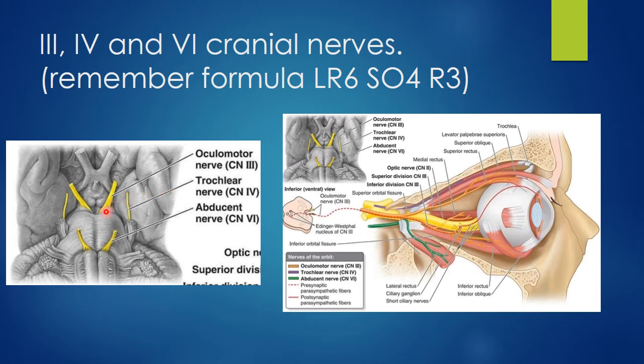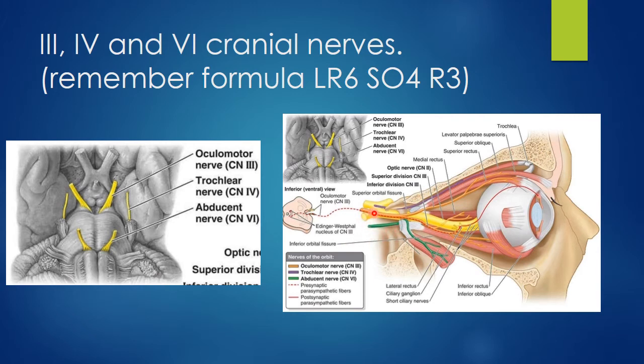This one is the oculomotor nerve emerging through the medial aspect of the crus cerebri. This one is the trochlear nerve, the only nerve which emerges through the posterior aspect of the brain stem, and this is the sixth abducent nerve which emerges through the pons-medulla junction. In this diagram we can see the nerve supply of the extraocular muscles.